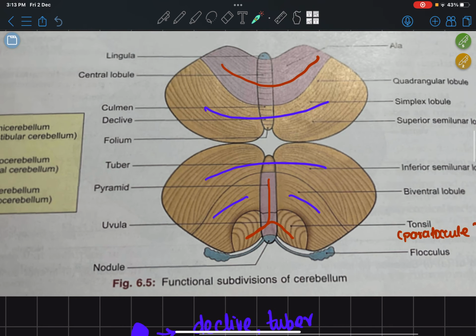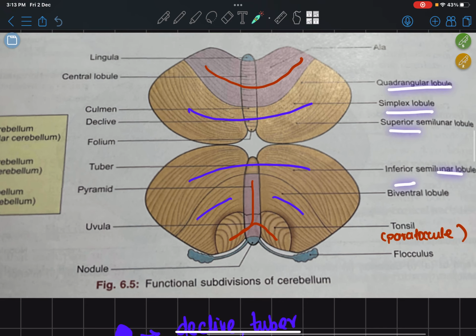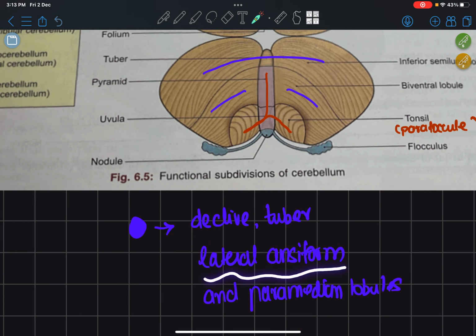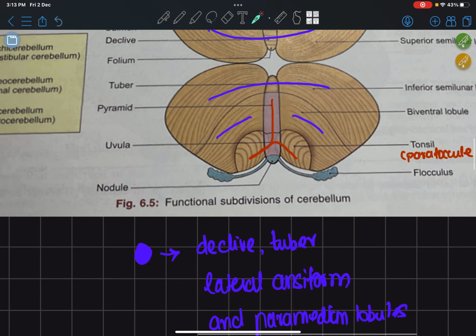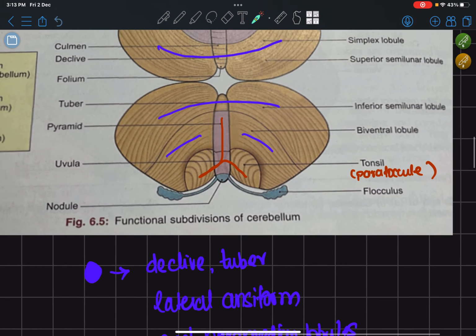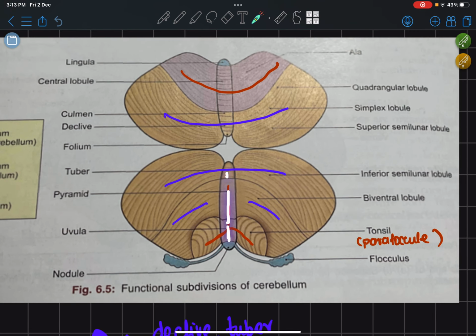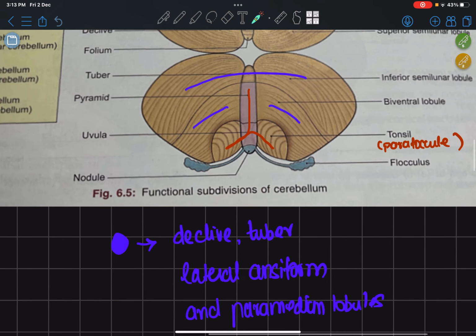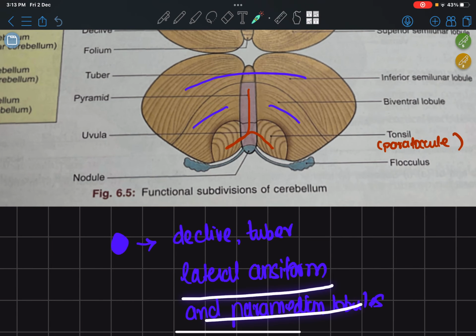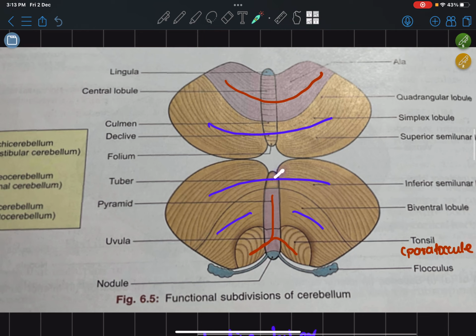That is, this quadrangular lobule, simplex lobule, the superior and inferior semilunar lobules, and the biventral lobules all together can be termed as the lateral ansiform and paramedian lobules. So lateral ansiform and paramedian lobules plus tuber plus folium declive. These form your neocerebellum, right? That is your phylogenetical division.